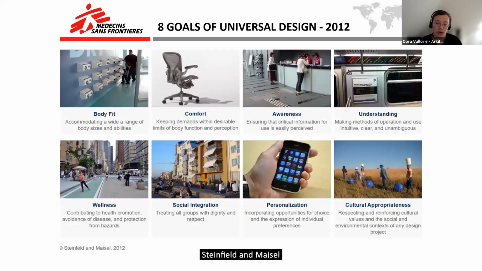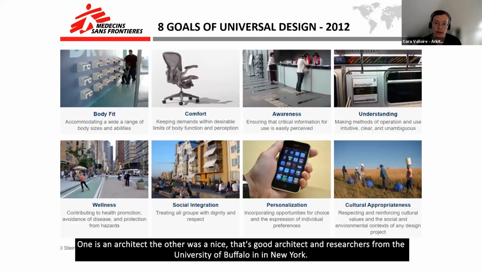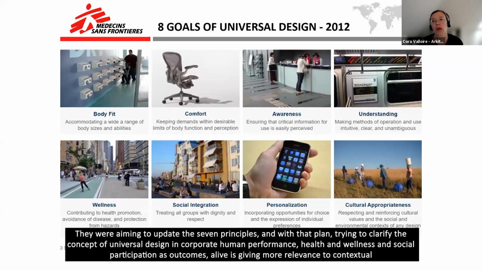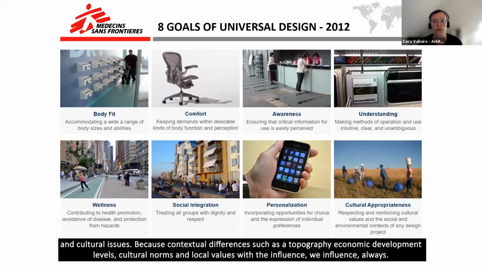Edward Steinfeld and Jordana Maisel, one is an architect, the other a landscape architect, and researchers from the University at Buffalo in New York, developed the 8 goals of universal design in 2012. They were aiming to update the 7 principles, clarify the concept of universal design, and incorporate human performance, health and wellness, and social participation as outcomes, giving more relevance to contextual and cultural issues.